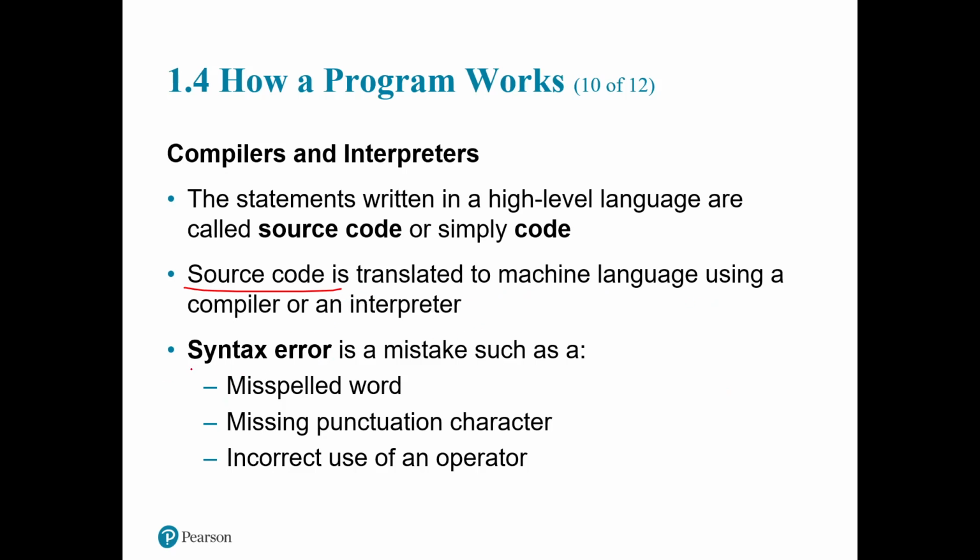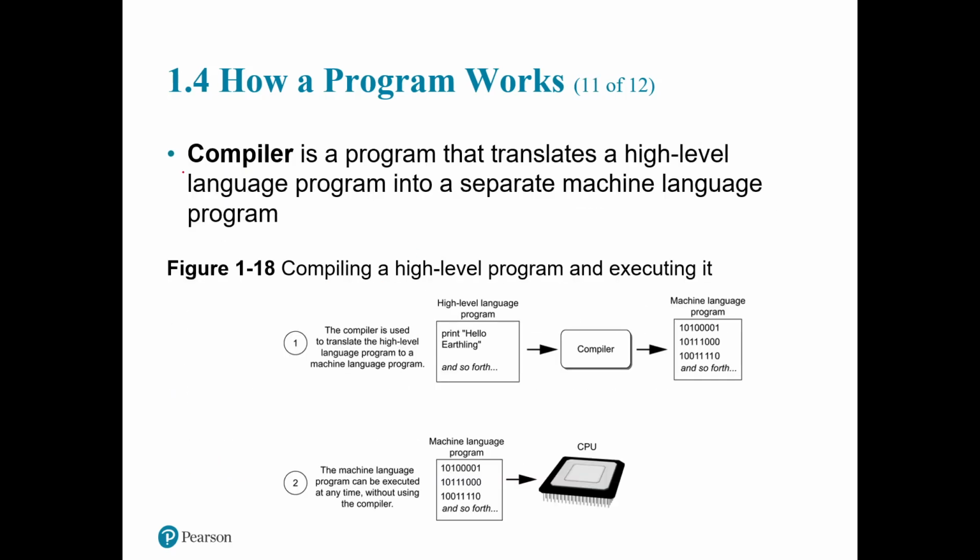Now, let's cover a little bit about syntax errors and what they are. Syntax errors usually happen when you misspell a word, miss a punctuation character, or incorrectly use an operator. Now the difference between a compiler and an interpreter. A compiler only translates your code into machine language code.